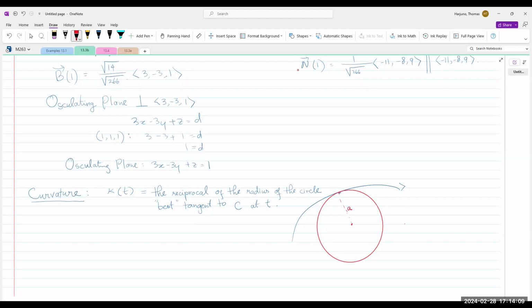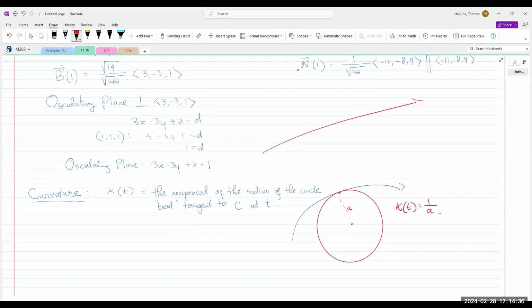The radius of that tangent circle is the reciprocal of the curvature. So the curvature at that point equals 1 over A, which is the radius of that circle.